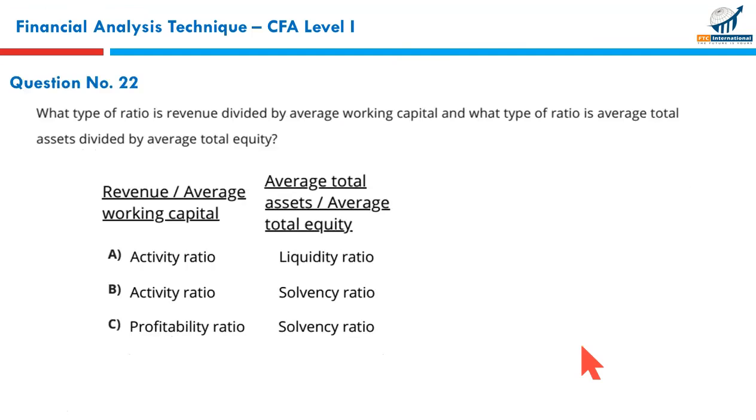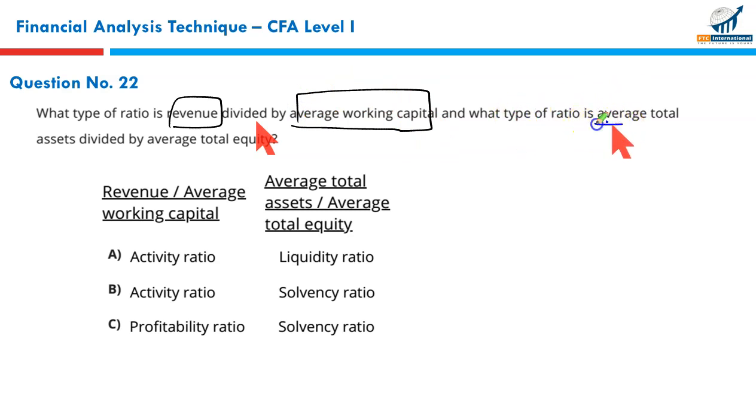A it is. Next, what type of ratio is revenue divided by average working capital, and what type of ratio is average total assets divided by average total equity? Let us analyze this. This is the first one.